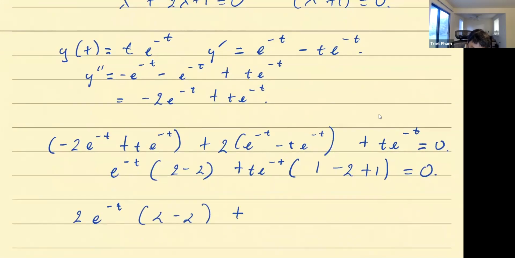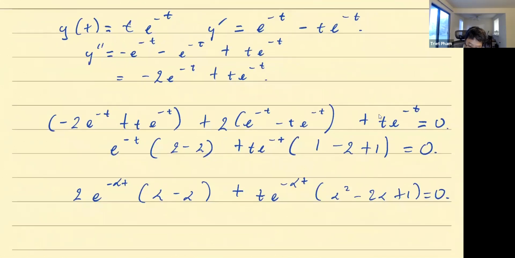And this is the effect of t e to the minus alpha t times alpha squared minus 2 alpha plus 1 is equal to 0, which is exactly the characteristic equation.